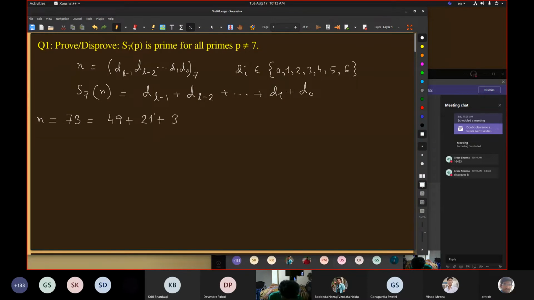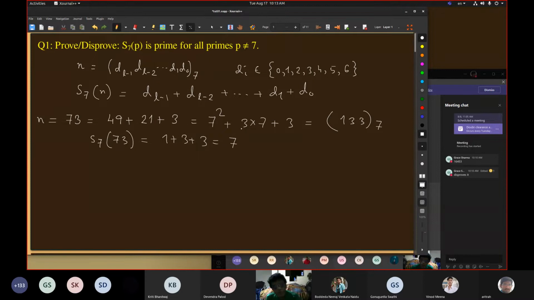This is correct, right? So this is 7 squared plus 3 times 7 plus 3. Therefore, its base 7 expansion is 1, 3, 3 in base 7. If I add these three digits, S7(73) is 1 plus 3 plus 3 equal to 7, which is a prime.